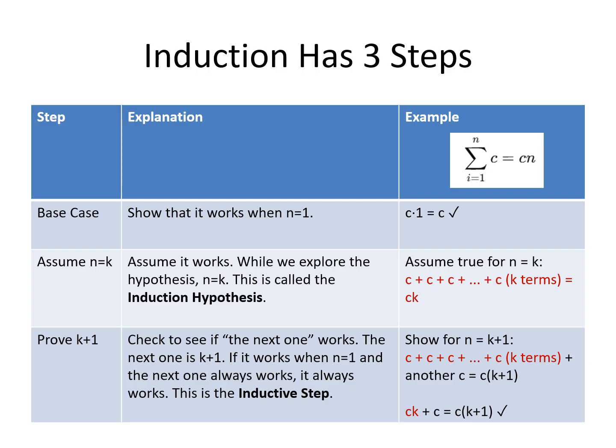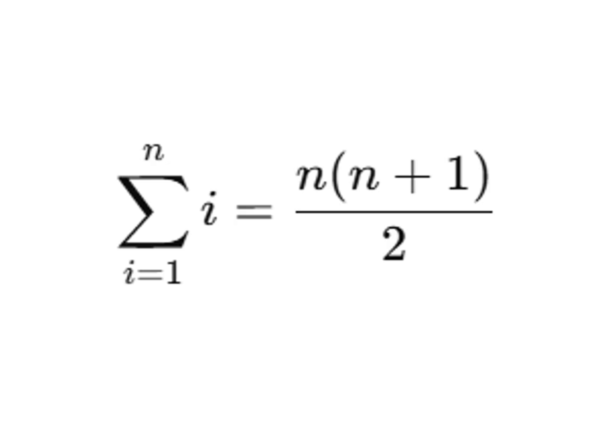So we know from our assume step that if I have C plus C plus C all the way up through k number of C's, that's already Ck, and then plus that extra C because we're doing this step, then I could just factor out a C, and then it's C times k plus 1, which is exactly the thing that we were trying to prove in the first place. So then we say that our induction is done. So now it gets a little bit more fun. This is the first one, well, technically the second one we want to prove.